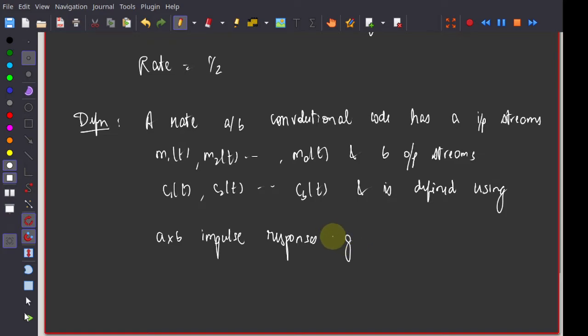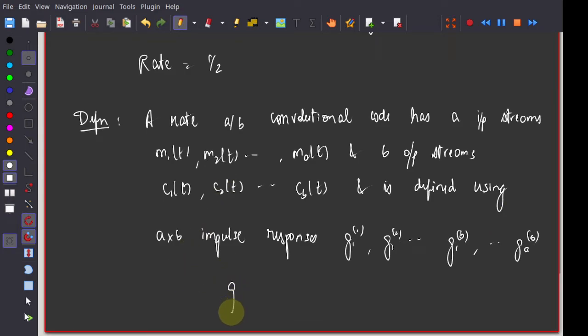So let's call them G11, G12, up to G1B, and so on up to GAB.